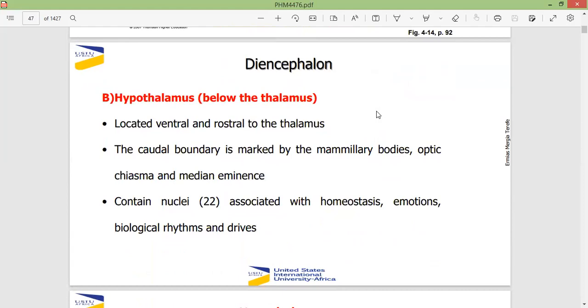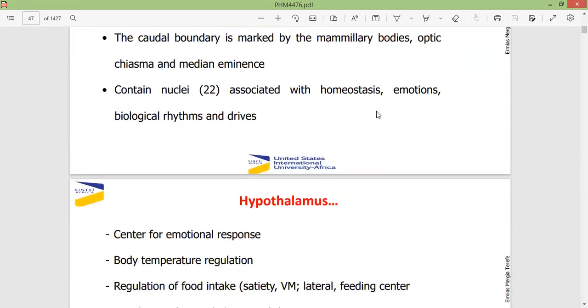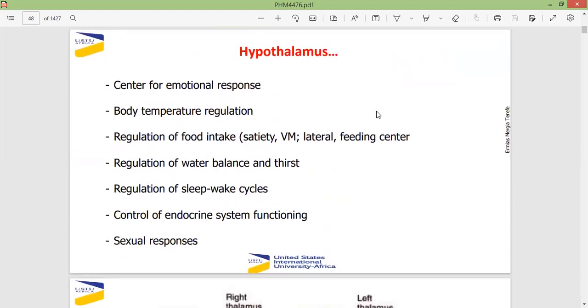The hypothalamus, I believe we mention it a lot. We know about the hypothalamus. We know it will stimulate the various hormones of the pituitary gland, and these hormones regulate water, sexual responses, endocrine system functioning. It has a role in sleep, when it is sleeping and waking up.